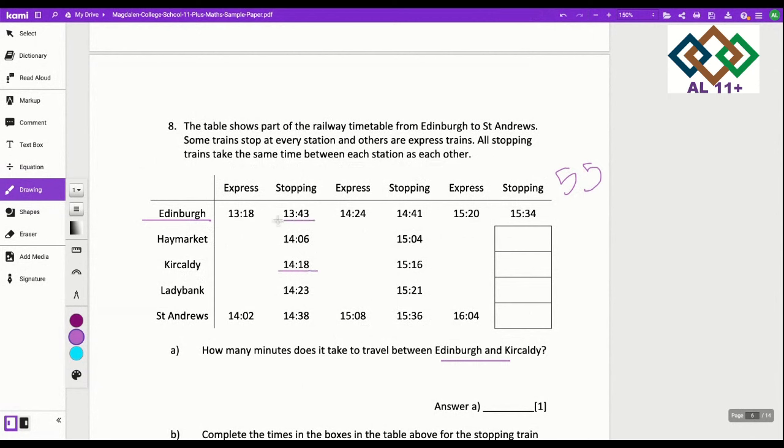So you're going from here to here. So you have to find the distance between the time, sorry, between 14:18. So it's 35 minutes.